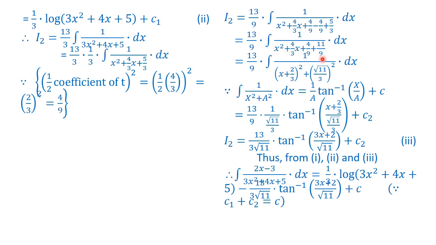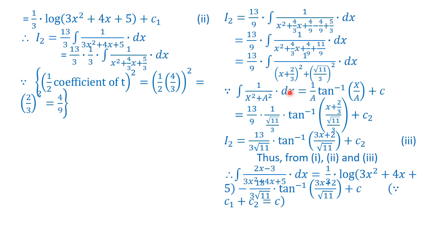This is a perfect square: taking the square root of the first term, taking the sign of the middle term, and taking the square root of the third term, in a bracket square. Okay, it is too easy. Plus this term is written as root 11 by 3 bracket square, isn't it?